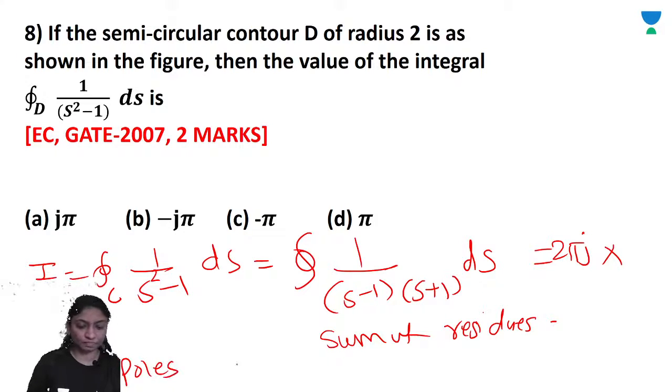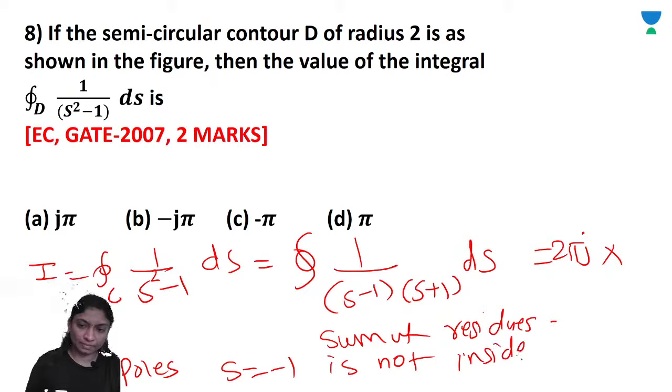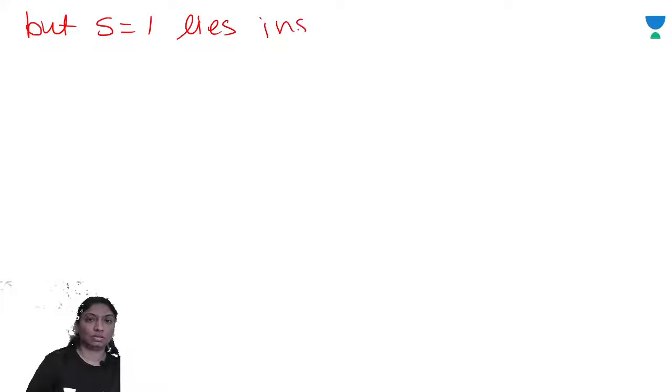The pole s is equal to minus 1 is not inside the contour D, but s is equal to 1 lies inside D.